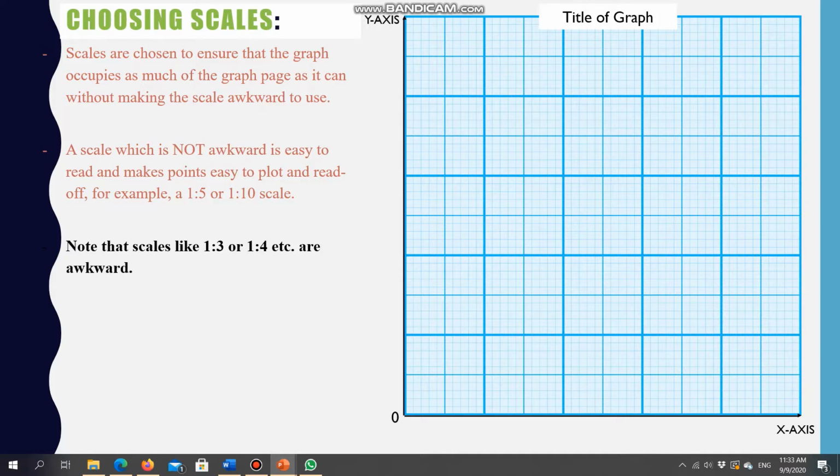Means that the origin would be 0. Then 5 for the next interval, which would be 1 centimeter away from the 0. Then 10, then 15, then 20, and so on. So it means that each centimeter on your graph represents 5 units.